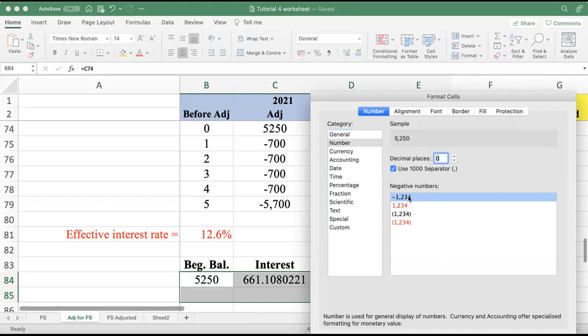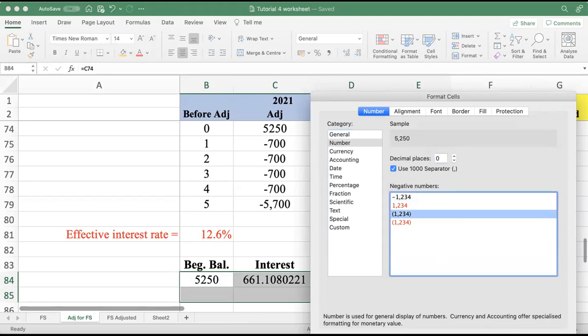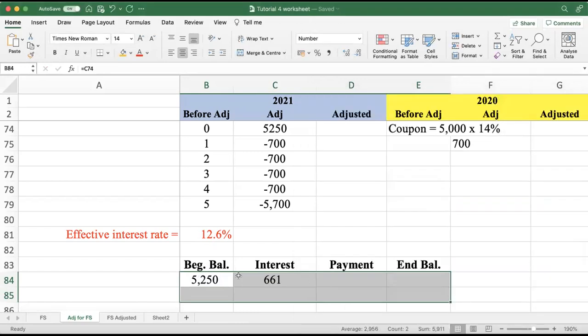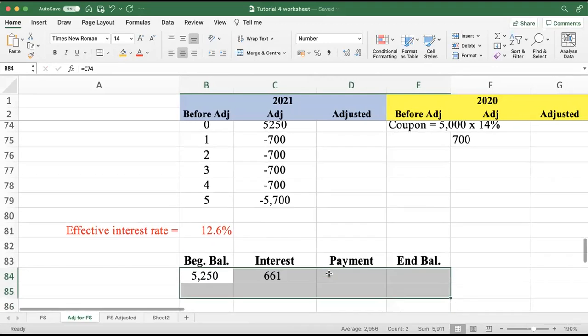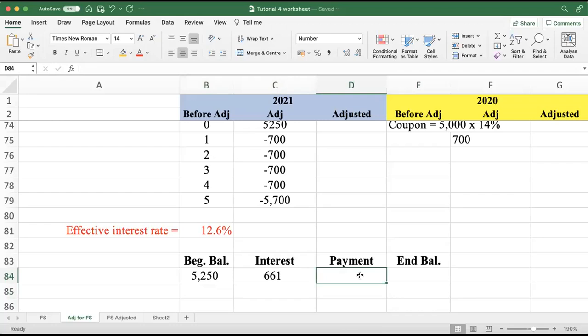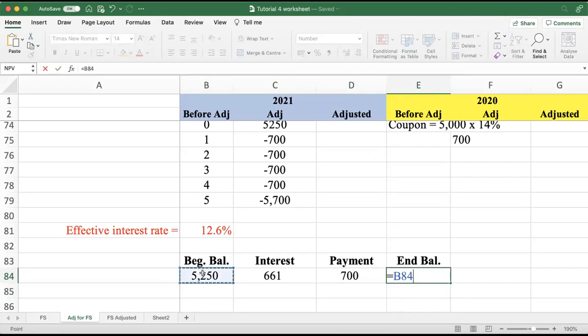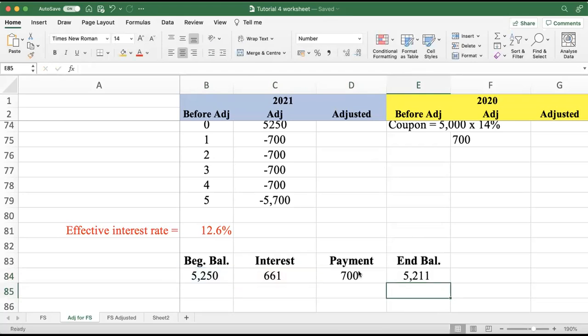So interest is 661. In the first year, you have paid 700 coupon payment. Then end balance is beginning balance plus interest minus payment. You get the end balance 5,211.